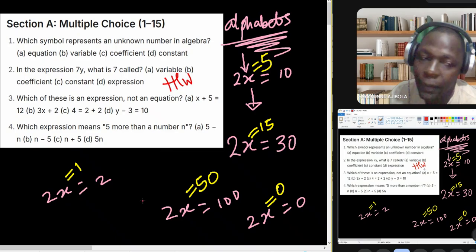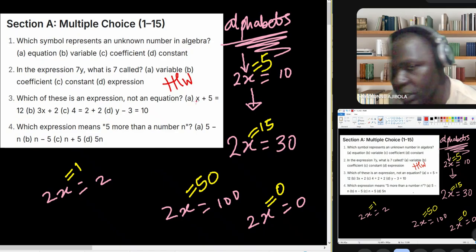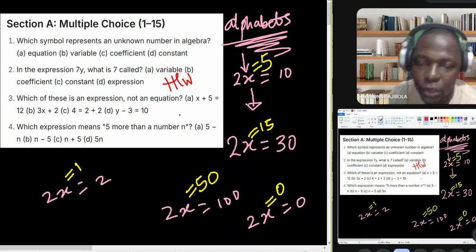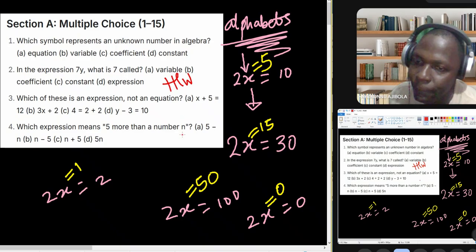Is that clear? Yeah. Variable means something that is not a constant, that we don't know its value, that can change value based on the equation, right? Yeah. And we have seen the example in the x. It might not be x in another case, okay?